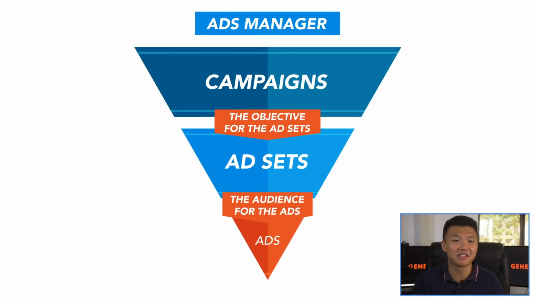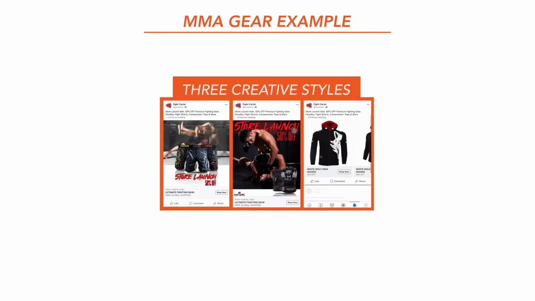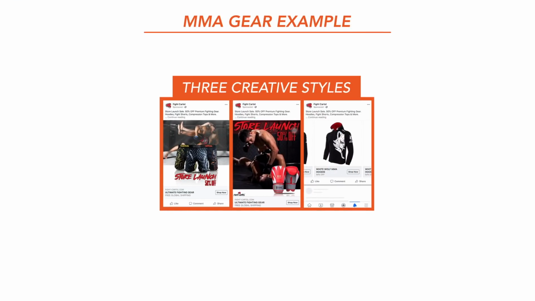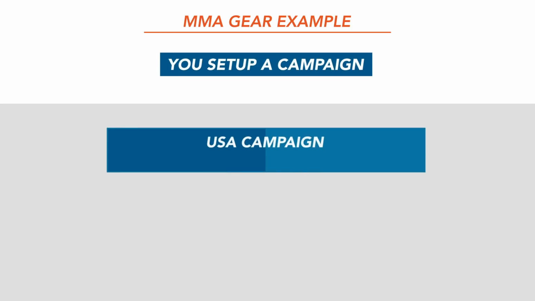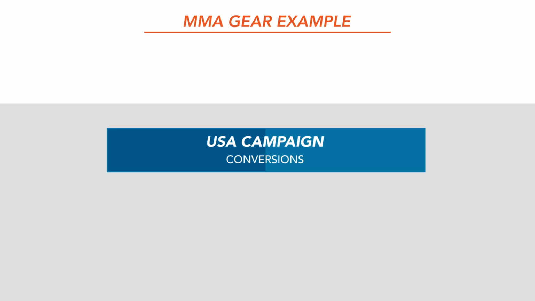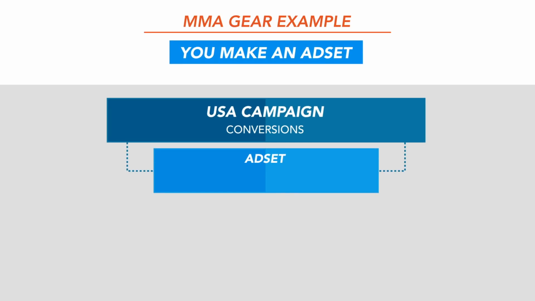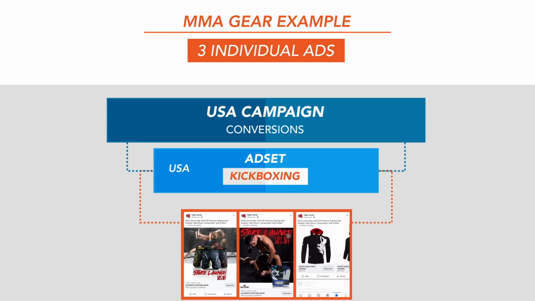Now, to show you why this is important and how this all comes into play, let's go through a simple example. Say you're selling MMA gear and you've already made the 3 creative styles we mentioned earlier. You specifically want sales on your store, so you set up a campaign with conversions as your objective. Then, inside your new campaign, you make an ad set that targets everybody in the USA that's interested in kickboxing. Inside of the ad set, you make 3 individual ads, 1 for each of your creatives.